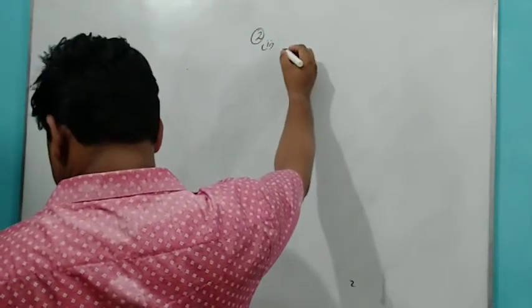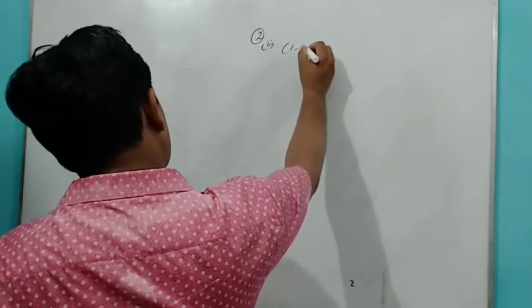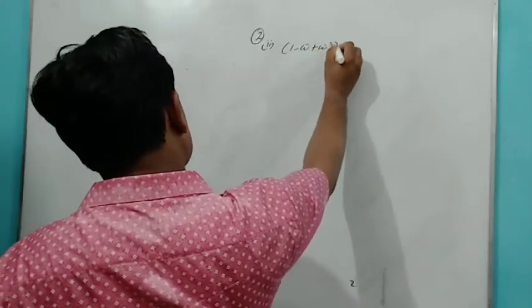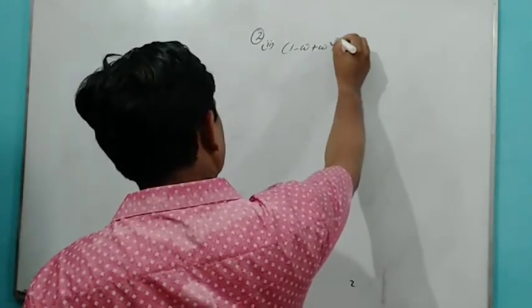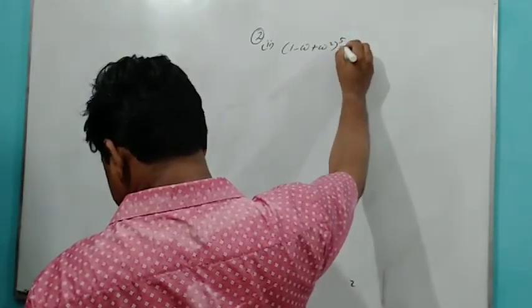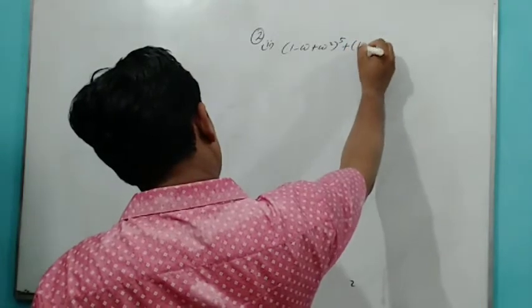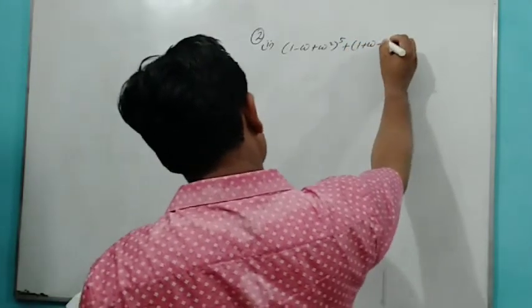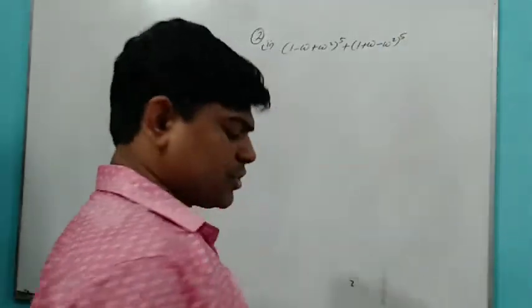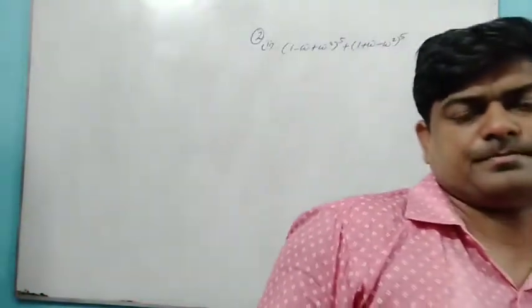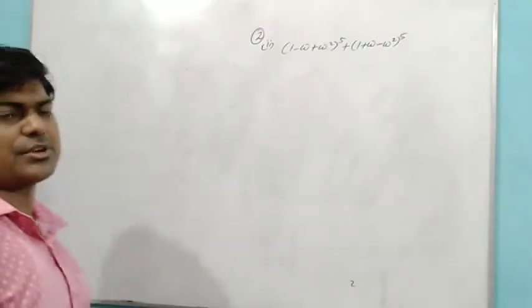Second part, we are having 1 minus omega plus omega square whole to the power 5 plus 1 plus omega minus omega square whole to the power 5 is equal to 32. We have to prove it's equal to 32.